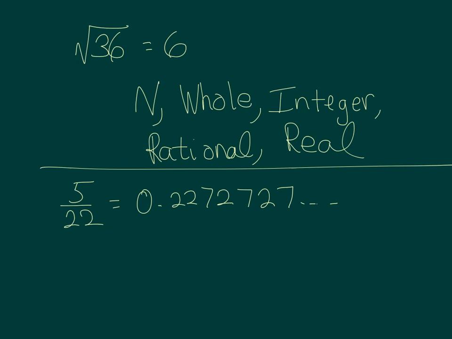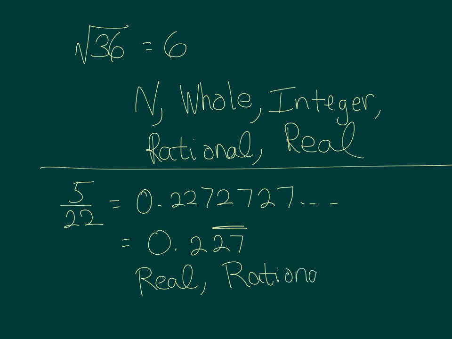So another way I could rewrite this is 0.227 with the repeating bar over the 27. Since this does repeat, it is a rational number. Of course it's real, because we said they're all real right now. And it is also rational. That's the end of today's lesson, and we'll practice in class.